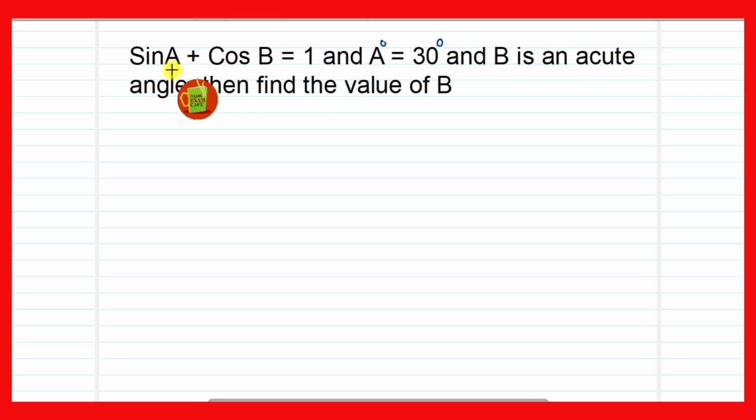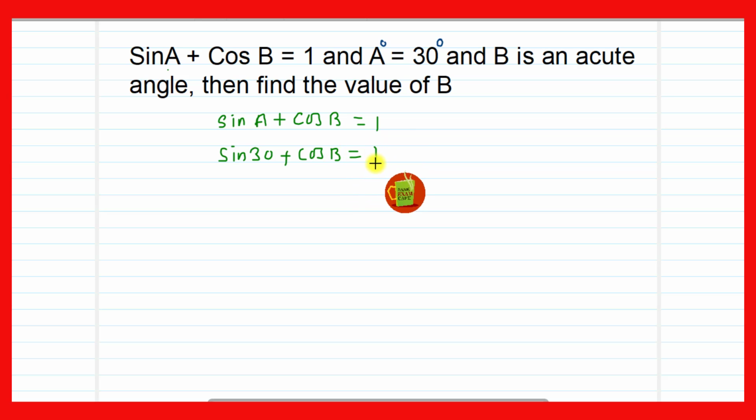Now here is a question: sin A plus cos B is equal to 1, and A is 30 degrees and B is an acute angle, then find the value of B. What is given? It is given that sin A plus cos B is equal to 1, and it is said that A is 30, so it will be sin 30 plus cos B is equal to 1.